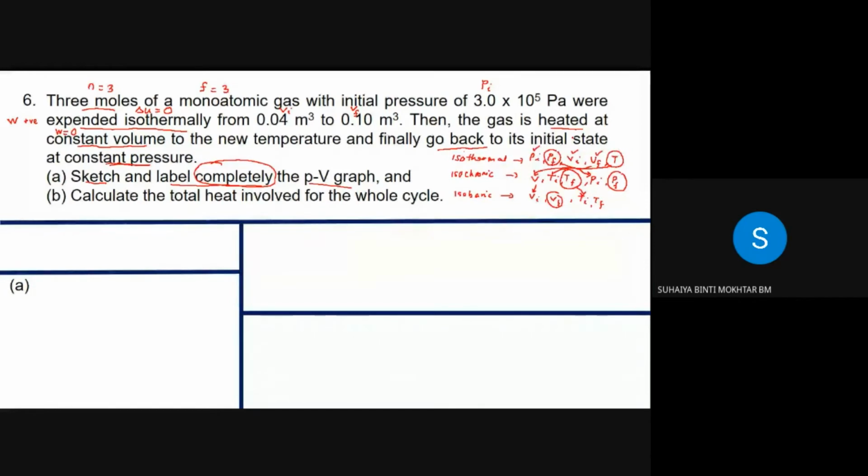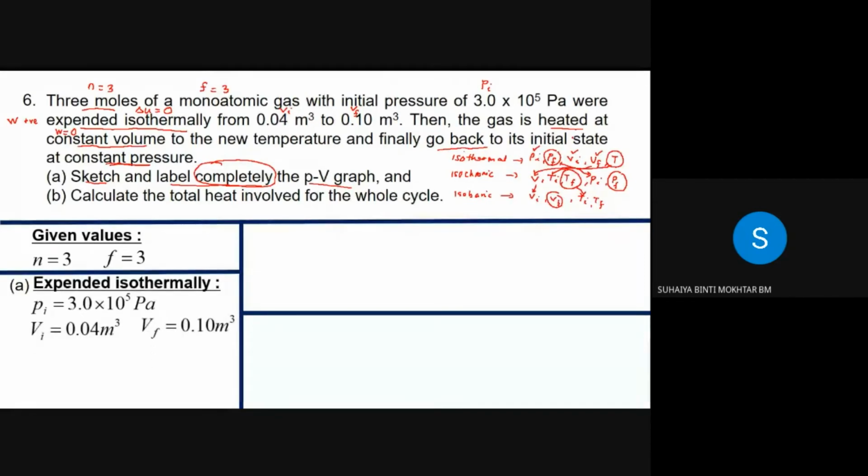So look step by step. Calculate the values for the isothermal case. Given values here, we have 3 moles and F, degree of freedom, 3 for monatomic gas. For the isothermal case, we have V initial and V final, and delta U must equal 0.